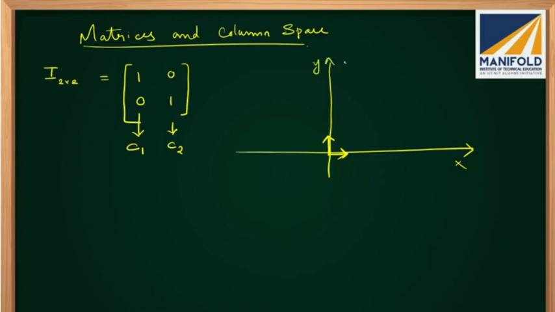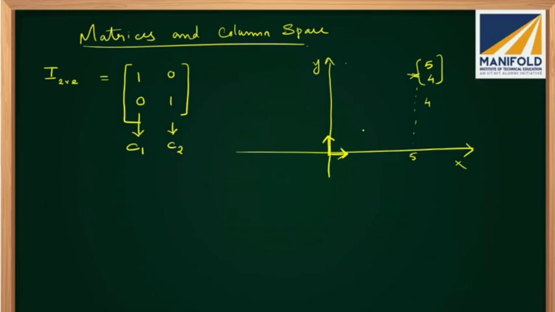For example, suppose I want to represent this particular point, which is 5 and 4 units up. So that is nothing but 5, 4, or x component is 5 and y component is 4. You can say the point 5, 4 can be obtained using a linear combination of these two vectors.